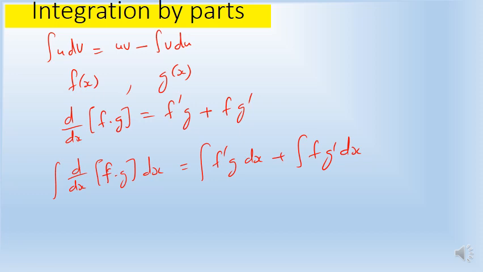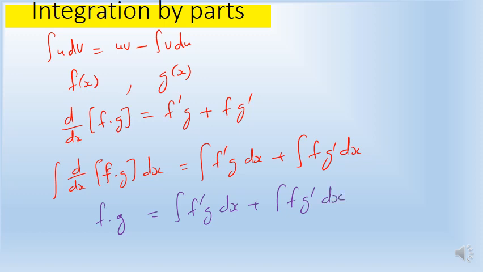Now, what is the integral of the derivative of the product here? We have a look at that very carefully, and that's pretty straightforward. So this really gives us f times g equals the integral of f prime g dx plus the integral of f g prime dx.